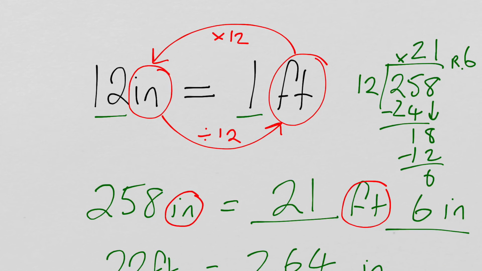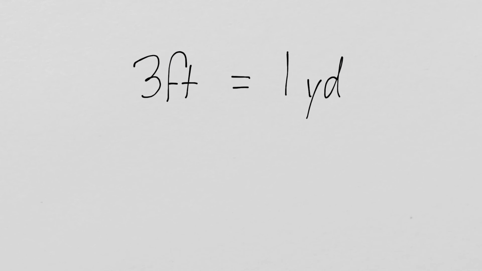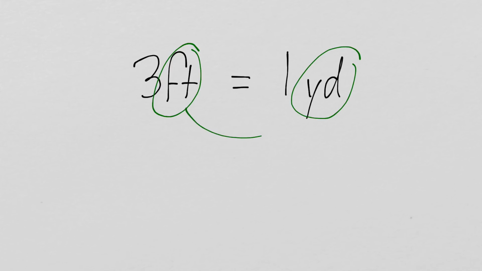Now the other ratios are the same. In fact, the feet to yards one is easier. If I want to go from feet over to yards in that direction, I'm going from 3 to 1. So 3 divided by 3 makes 1. If I want to go from yards to feet, I'm going from 1 to 3. So 1 times 3 makes 3.